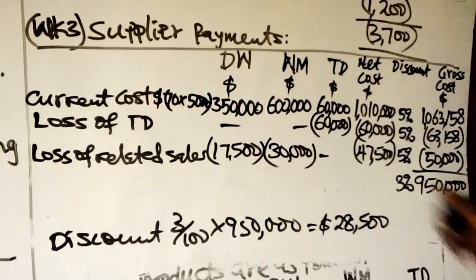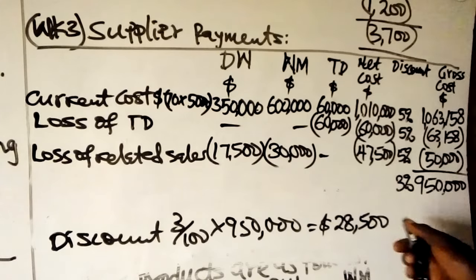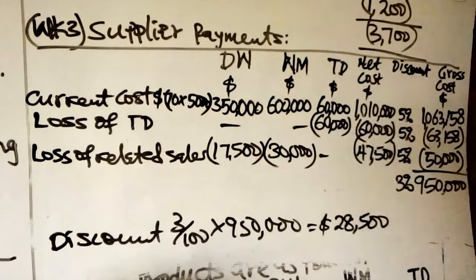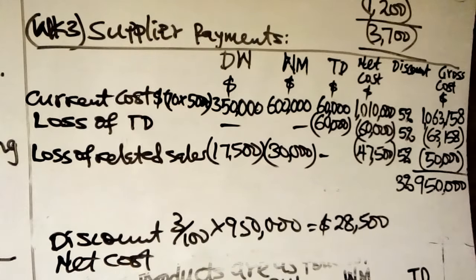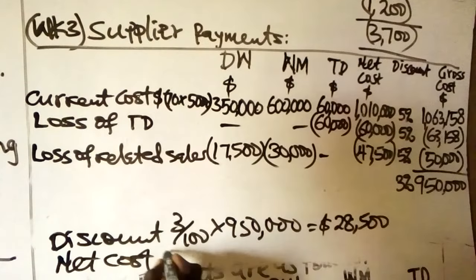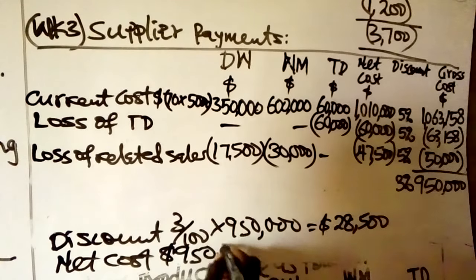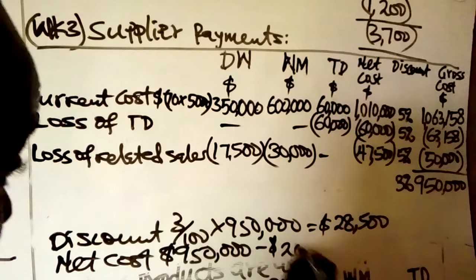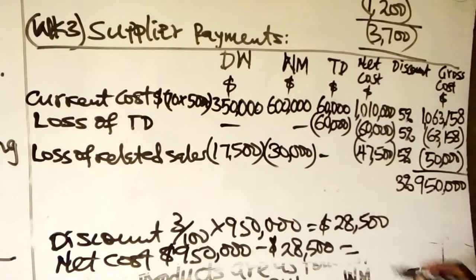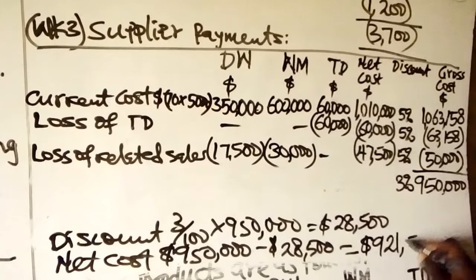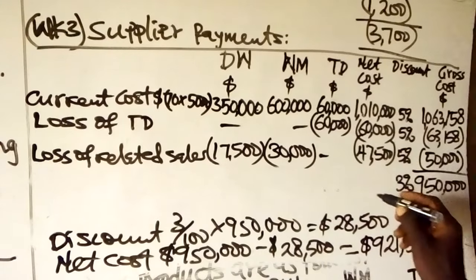So the net cost will be 950,000 minus the discount of 28,500. If you subtract that, the net cost will be 921,500. That is the net cost here.